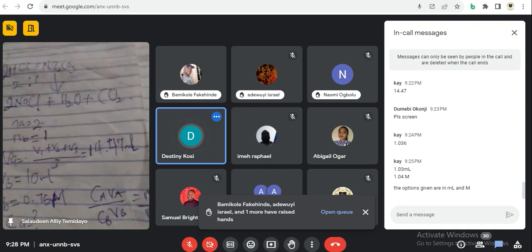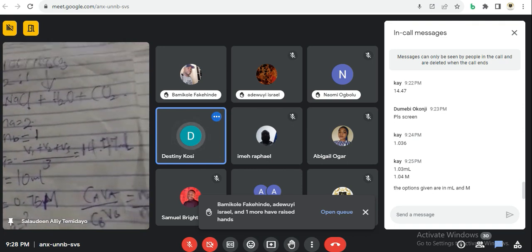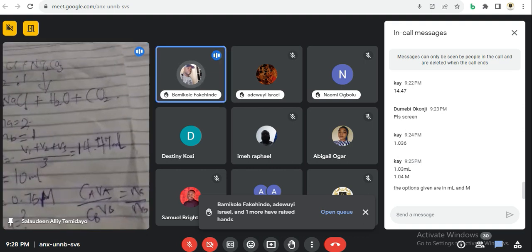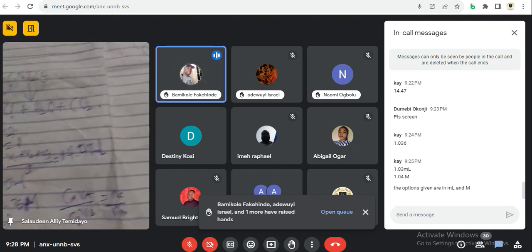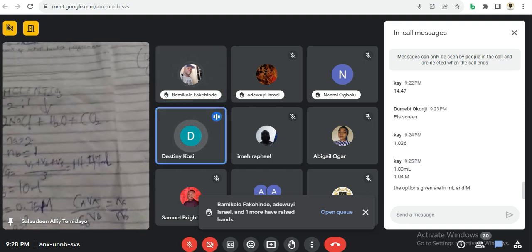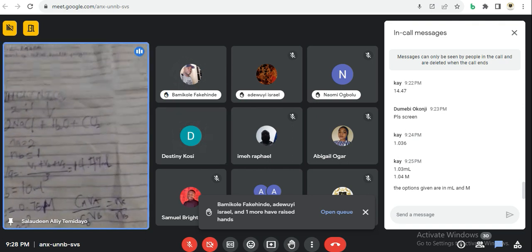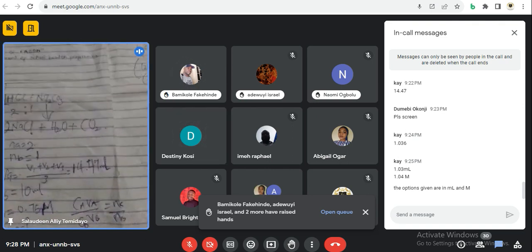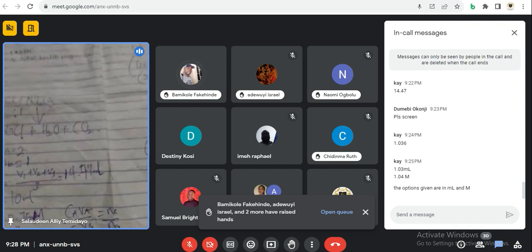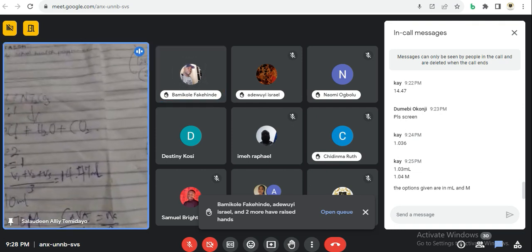Your CB is your average titre value. No, please let him answer so I understand. CB is the concentration of the base. C stands for concentration.